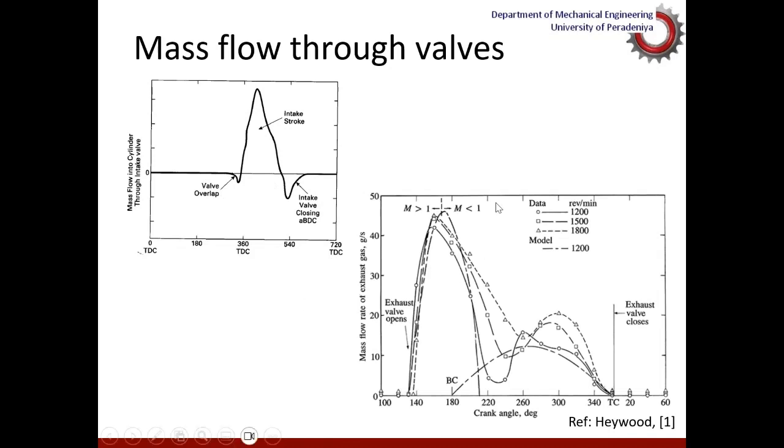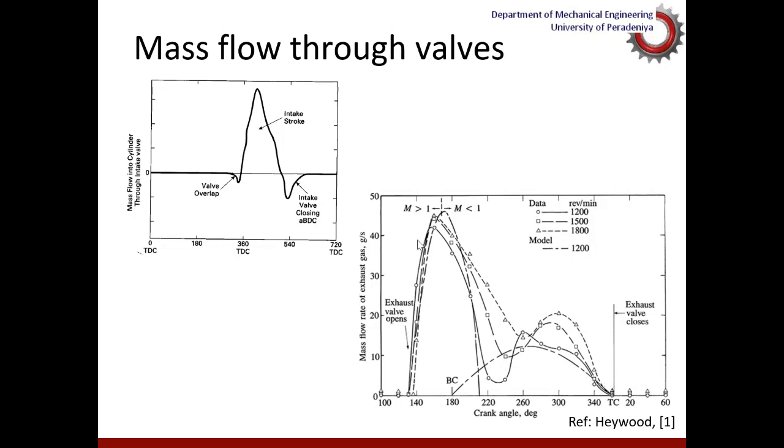And this is the same thing for exhaust valves under different speeds. You can see there's no backflow in this case. This is the exhaust valve open, this is the exhaust valve closed. As you see on this diagram, as the exhaust valve opens, the pressure inside the cylinder is much higher than the pressure in the exhaust manifold. Accordingly, the pressure ratio is greater than the critical pressure ratio.